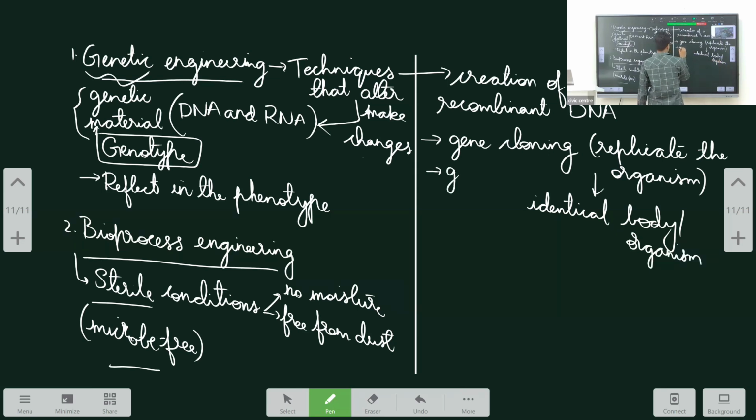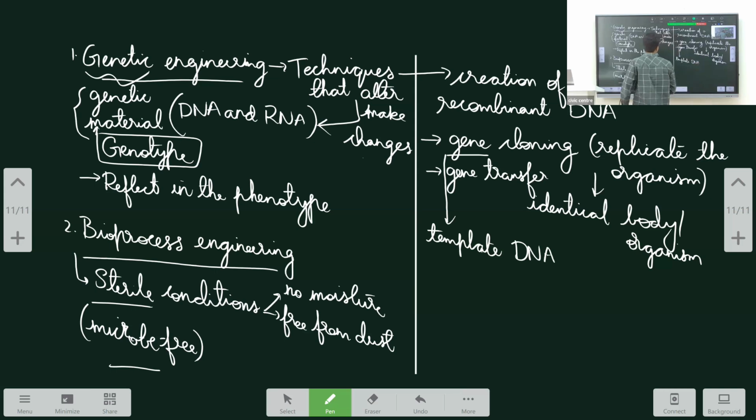Also, these techniques will be used to transfer genes, so they will be helpful in gene transfer. The replication with respect to gene cloning will be ensured from the template DNA. We have seen how it will be ensured from a template DNA. So those are some of the techniques.